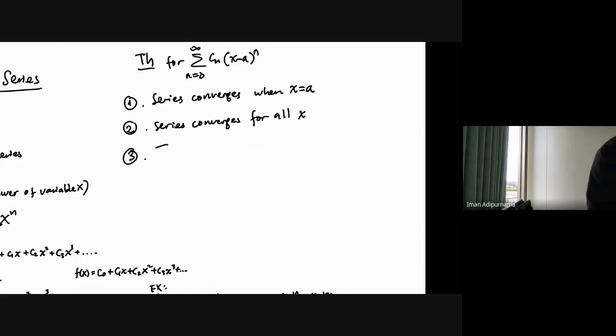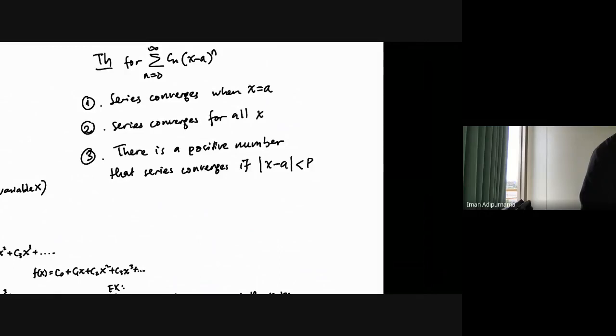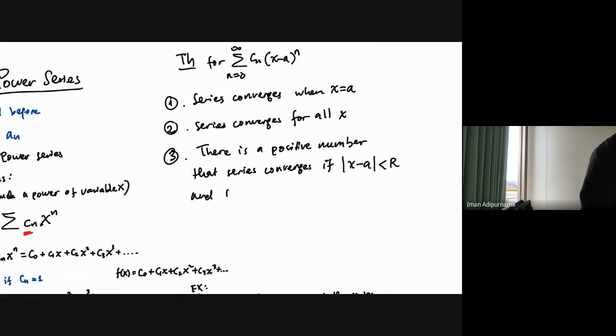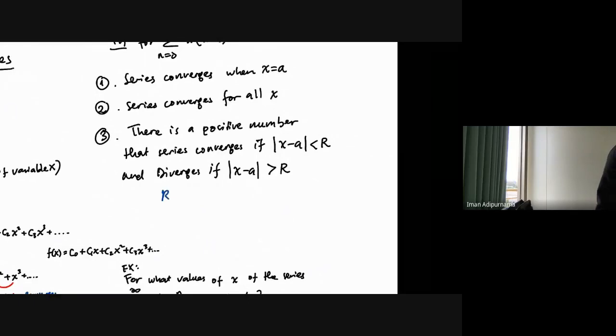Number 3, there is a positive number R such that the series converges if the absolute value of x minus a is less than R, and diverges if it is greater than R. Sorry, it should be in the absolute value. R is the radius of convergence.